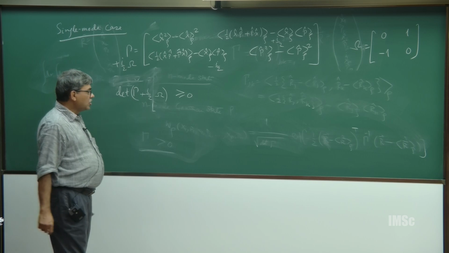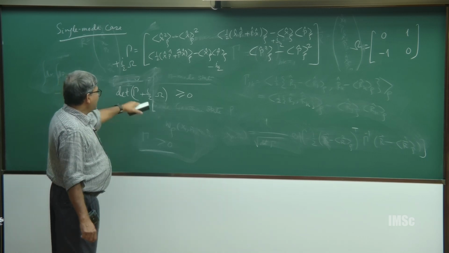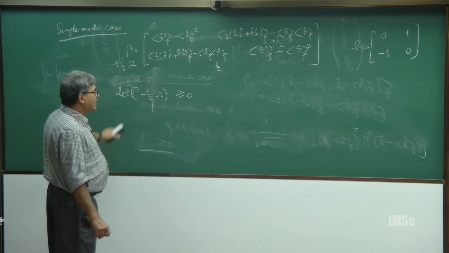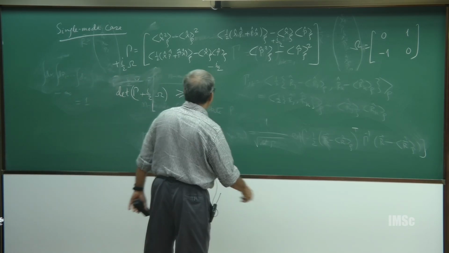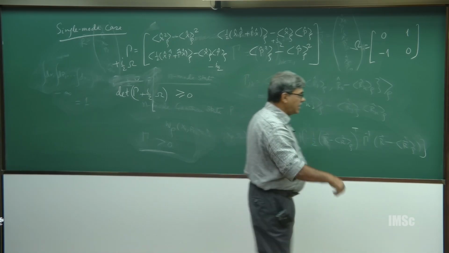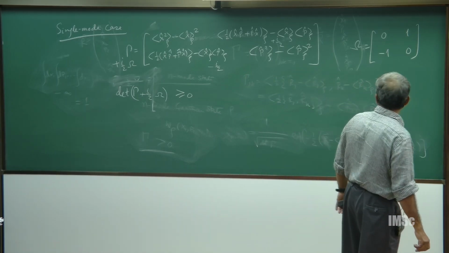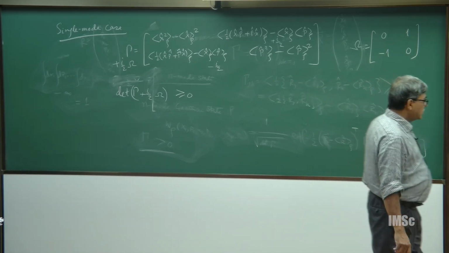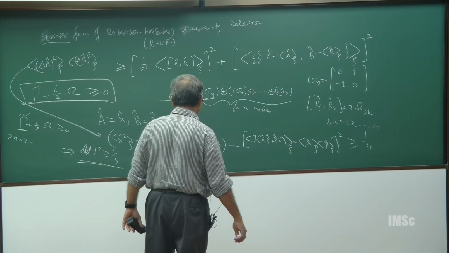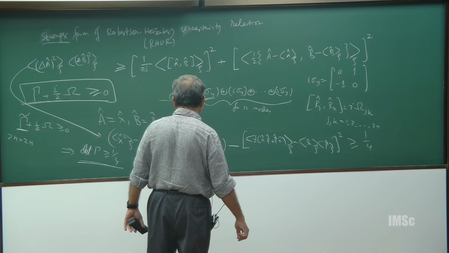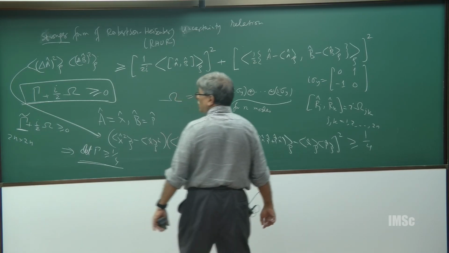Yes, so now what is this condition? If you look at this, what will be the change here? I am not going to write everything again. The only change, in the last term, will also give you 1 by 4.